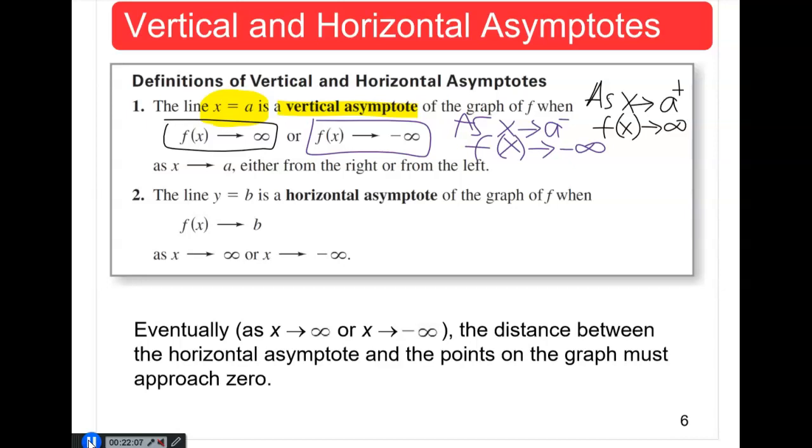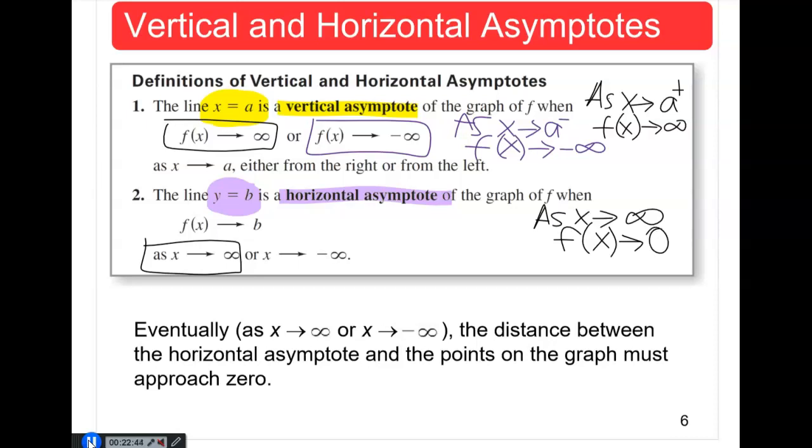And we get our horizontal asymptote from the other two statements that we made. Since it is a horizontal line, it needs to be y equals a number. In this case, we're using the letter b to denote a number, to generalize it. And so for this one, we made the two statements, the first one being as x approaches infinity, f of x approaches 0. That was the number that we used.